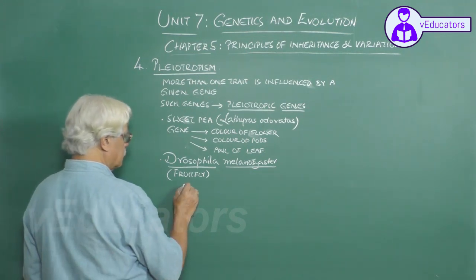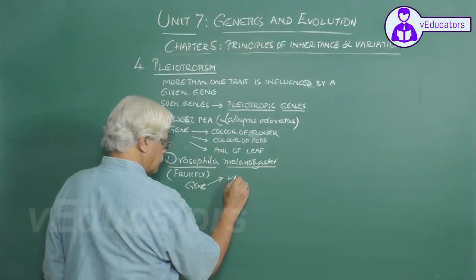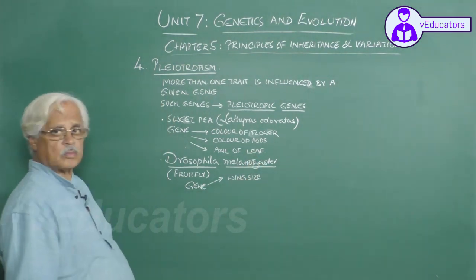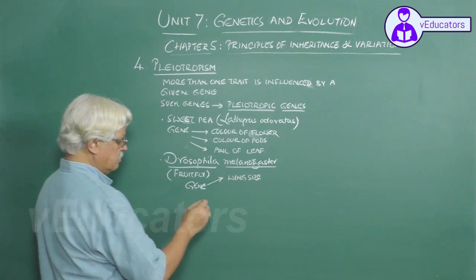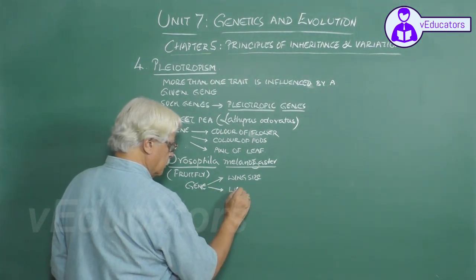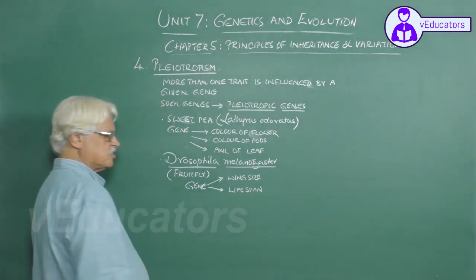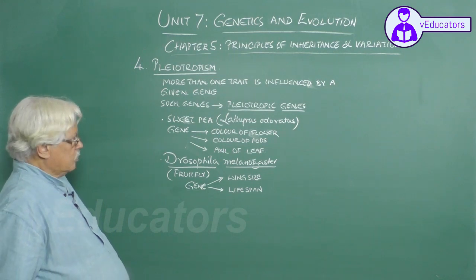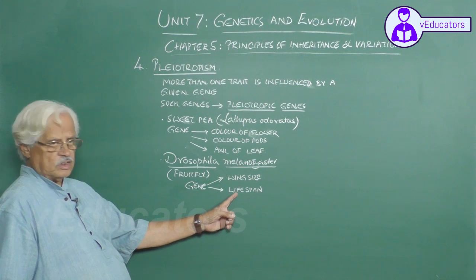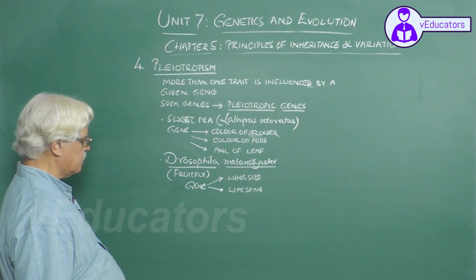In this insect, there is a gene which decides the wing size. The same gene also influences the lifespan of the insects. So it not only has an influence on wing size, but also has an influence on the lifespan of the insect.